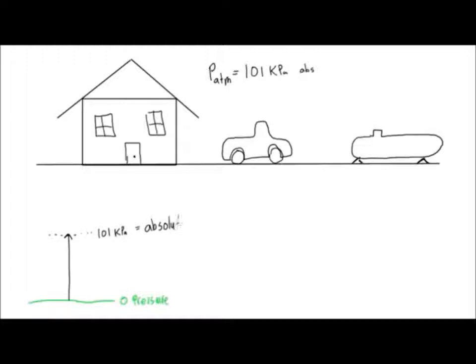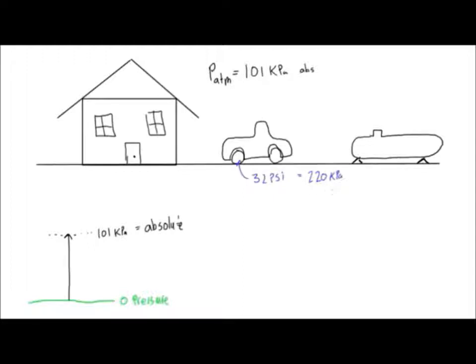Okay, so now what happens is, if you just go look at your car tire outside, there's probably going to be a gauge on it, and if you're able to read that, it's probably going to say 32 psi. Okay, and if we wanted to convert this into SI units, car tires are usually written in psi. This is the same thing as 220 kilopascals.